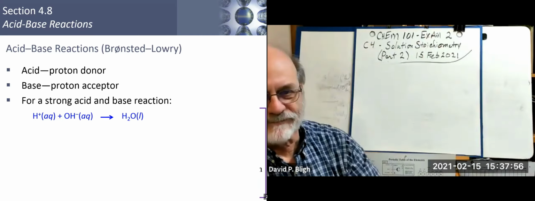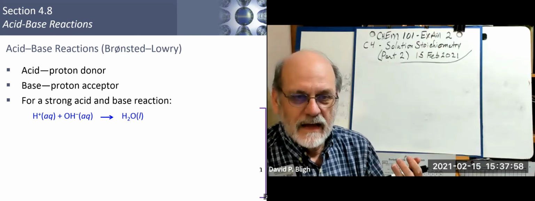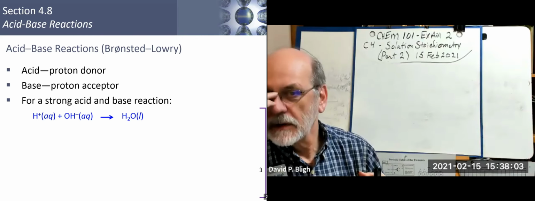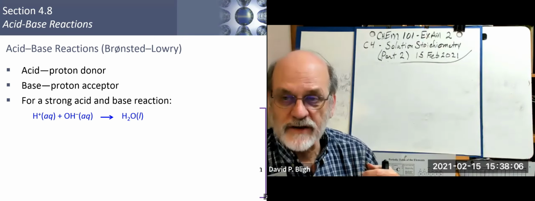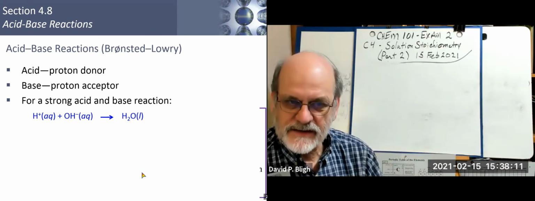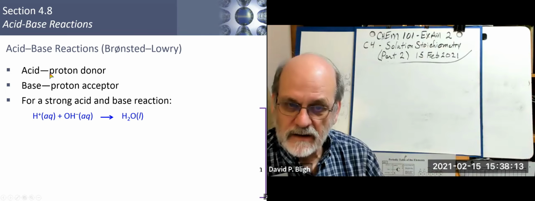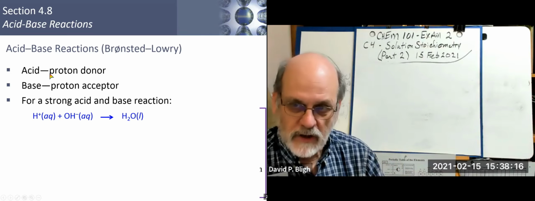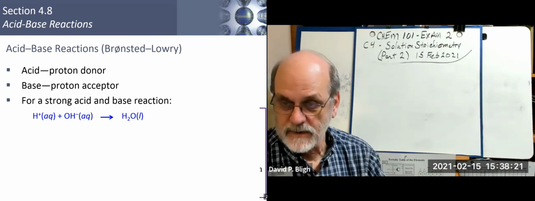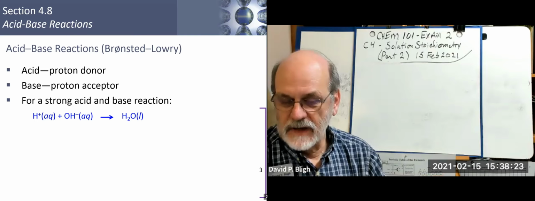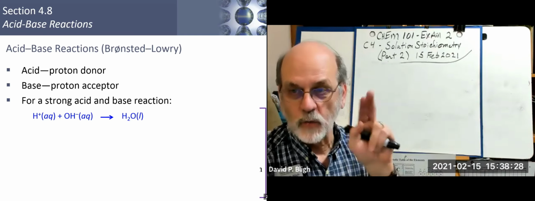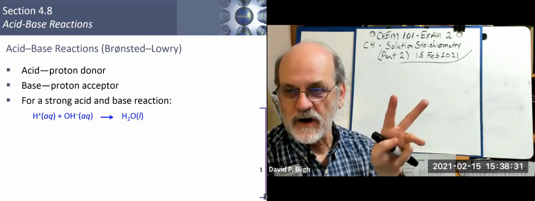Okay. Acid-base reactions. Now this is in terms of Lowry-Bronsted, and you don't know that yet, but you will. And all it says is that the acid donates a proton and the base accepts a proton. And a proton is a positively charged hydrogen atom. And based upon the majority of the isotopes of hydrogen being one proton, one electron, if you strip an electron off, you just have a proton.